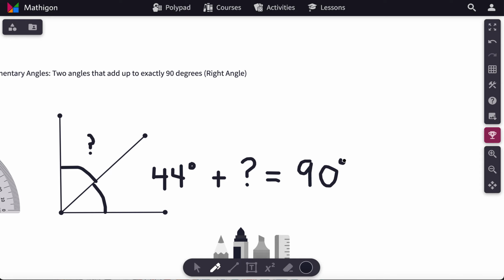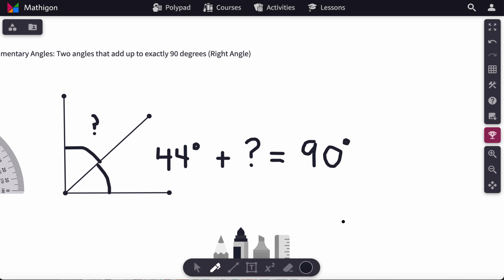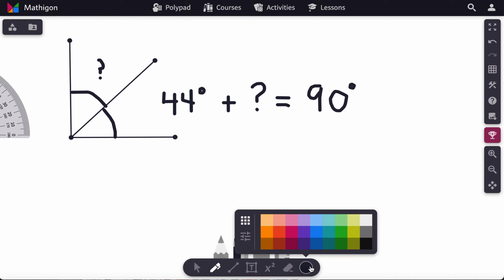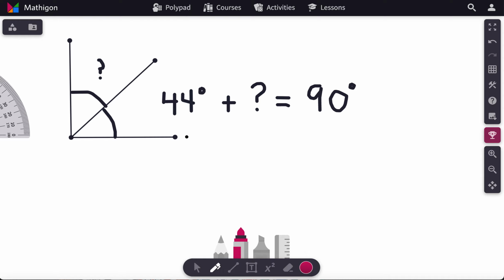So our strategy here today is that we are going to subtract the 44 from this side, say minus the 44. And from what we know with algebra is that whenever we do something for one side of an equation, we have to do it to the other side of the equation. So we're going to subtract 44 from this side.